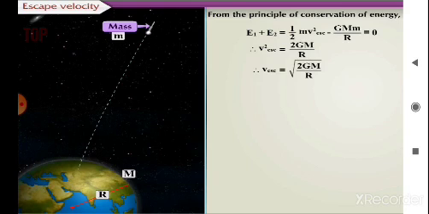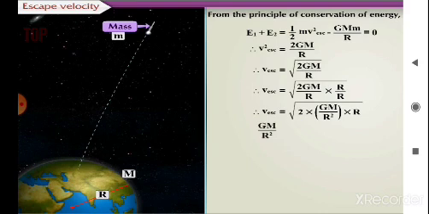Taking square root on both sides, we get under root 2 G M upon r, which is equal to under root of 2 G M upon r into r upon r.